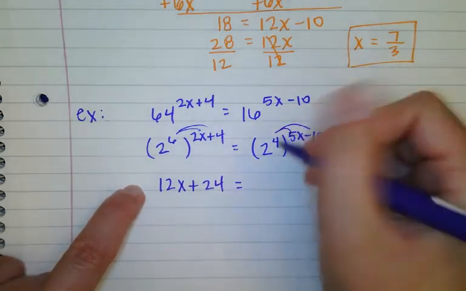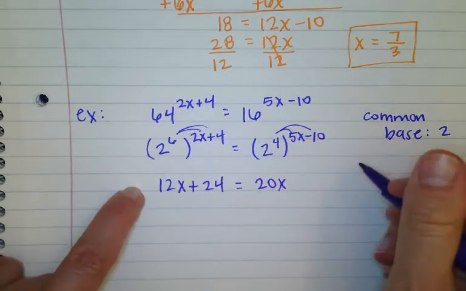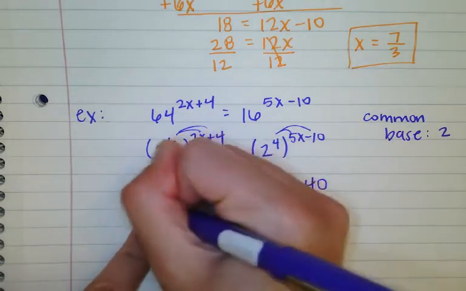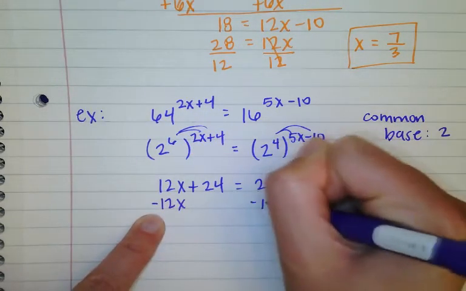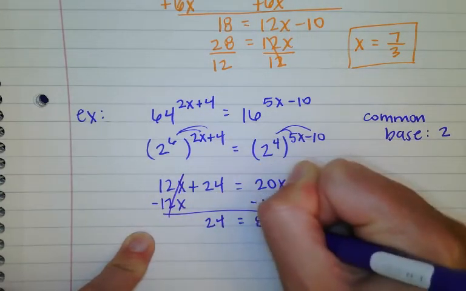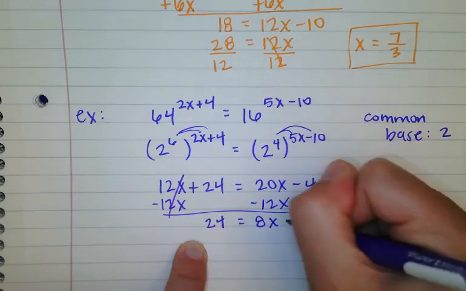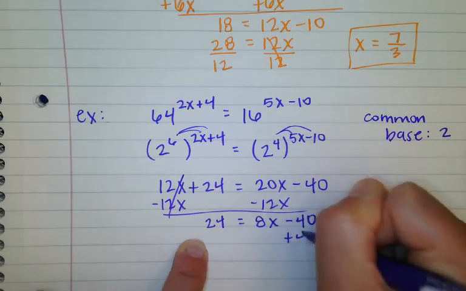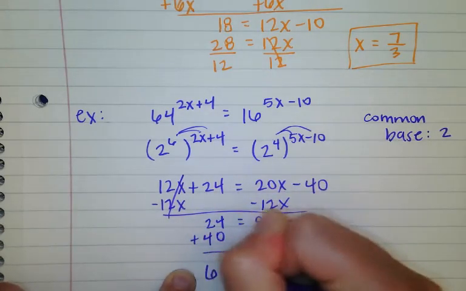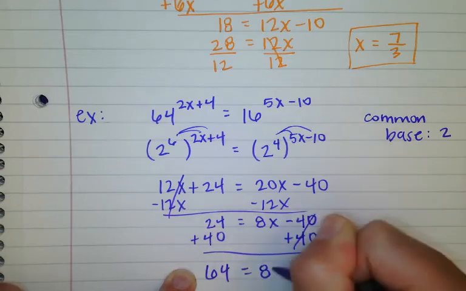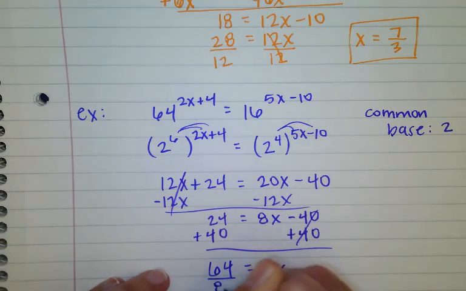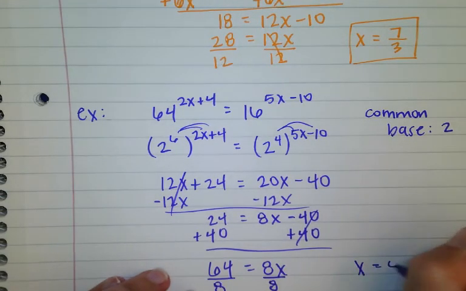The 4 distributes to make 20x minus 40. And then let's solve. I'm going to subtract my 12x. So 24 equals 8x minus 40. When I add 40, I get 64 equals 8x. And when I divide by 8, I get 8.